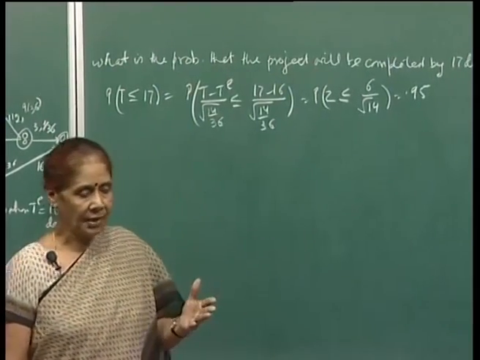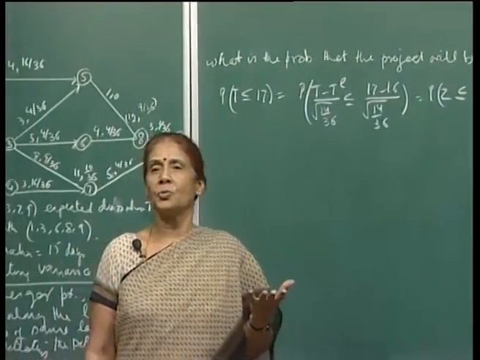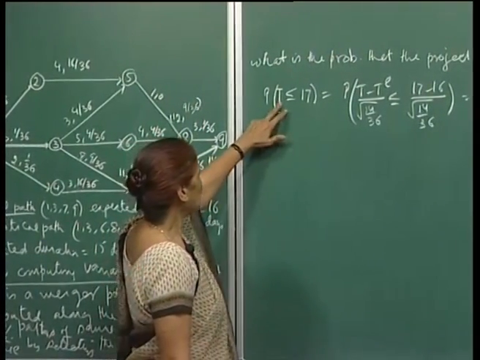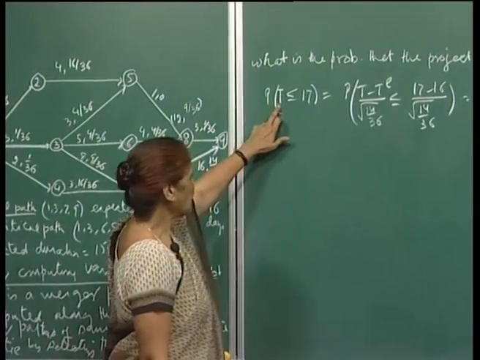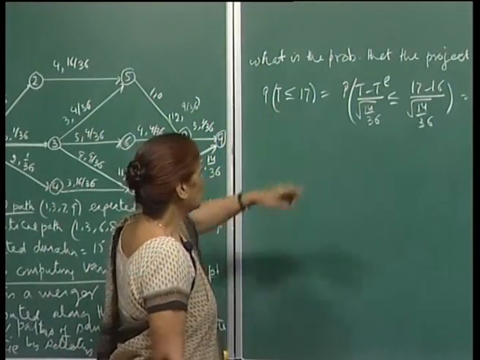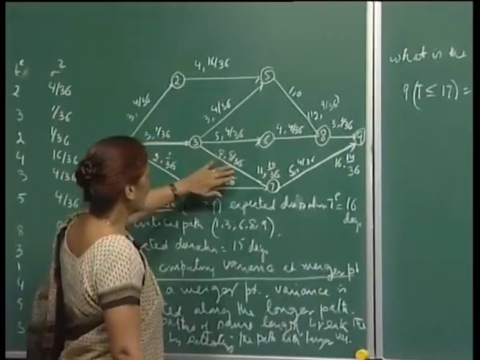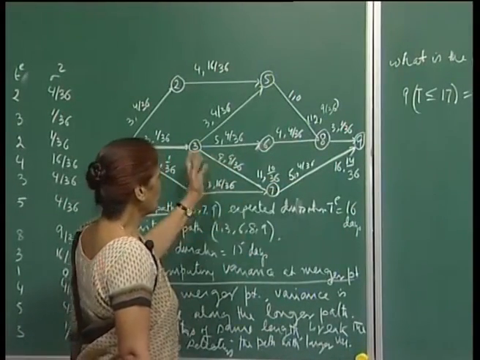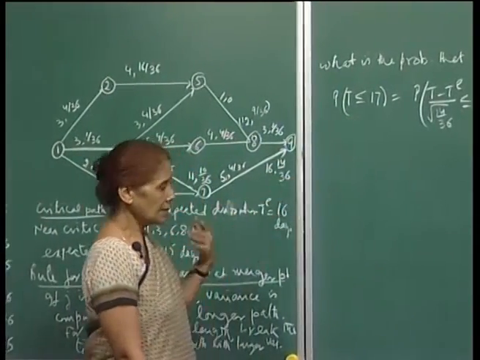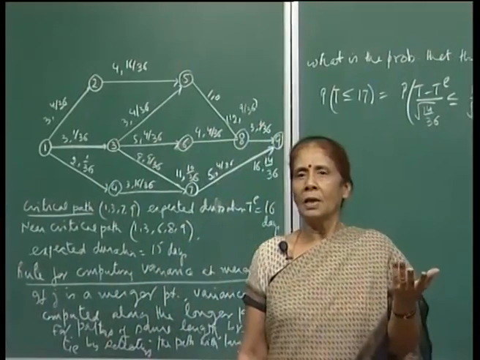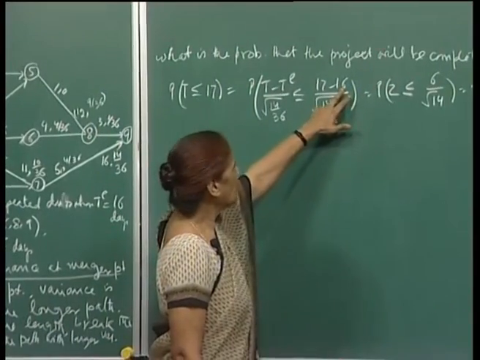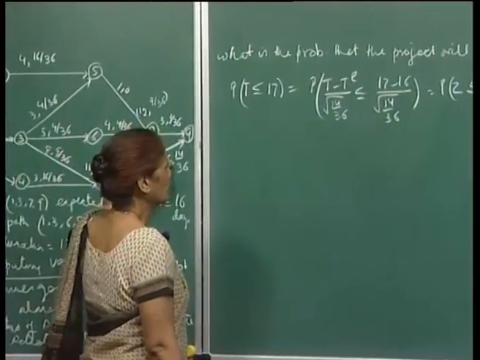That means the approximate probability distribution of the sum would be normal. Here, T is the random variable which denotes the completion of the project, and since we are computing this along the critical path, the random variables denoting the completion of separate activities add up to your T random variable. This has a normal distribution with the expected duration of the project as the mean and the sum of the variances as the variance. So, this is the idea.